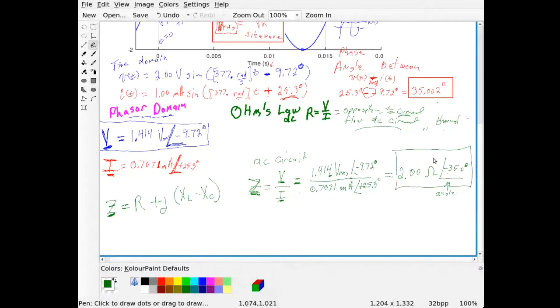All right, so now notice this phase angle here. I mentioned earlier, way back at the beginning of this, that this circuit had a capacitor in there. I knew that the circuit had a capacitor in there. Well, if you look at the form of impedance, this is what we call the rectangular form.